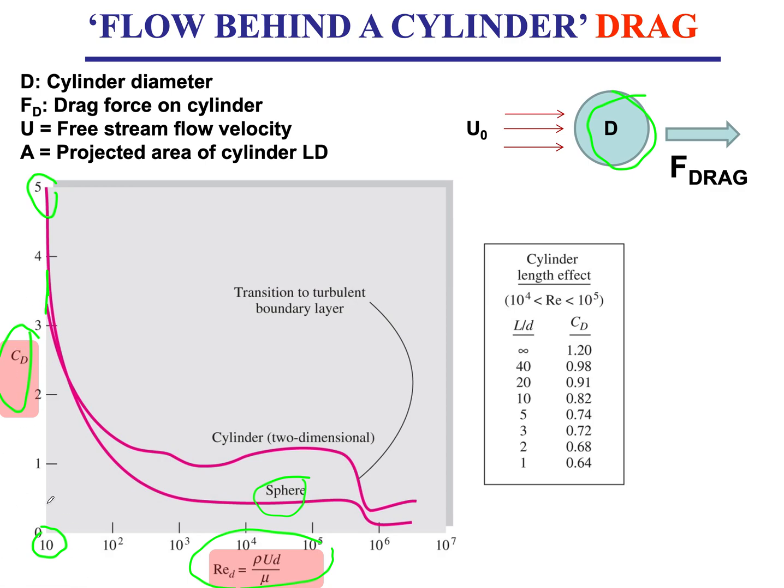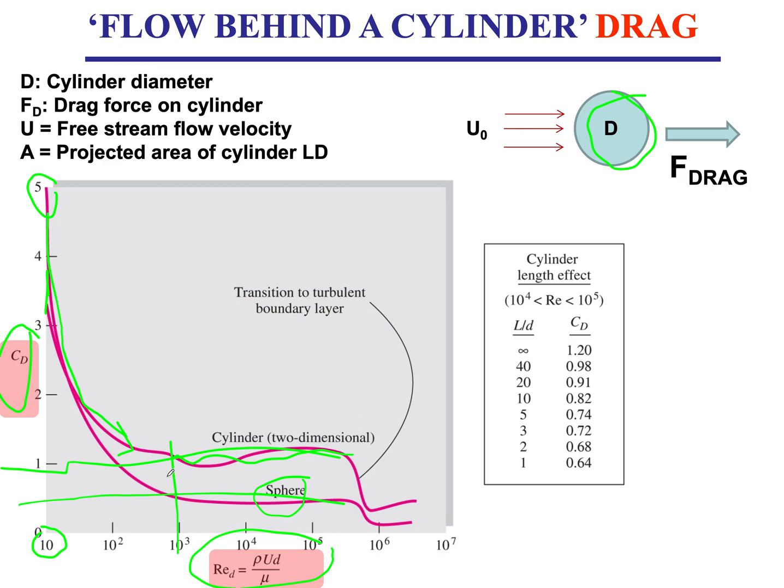Now, as our Reynolds number increases, the non-dimensional drag force drops very fast until we get to a Reynolds number of almost 1,000. That drag force now becomes almost constant: for a cylinder maybe 1.2 here, for a sphere pretty much around 0.5.